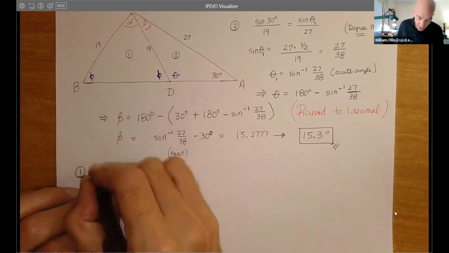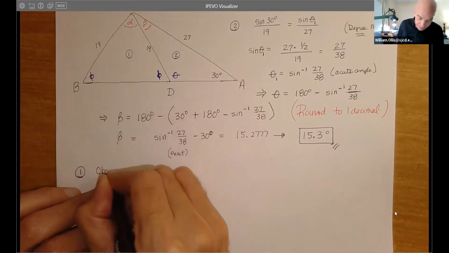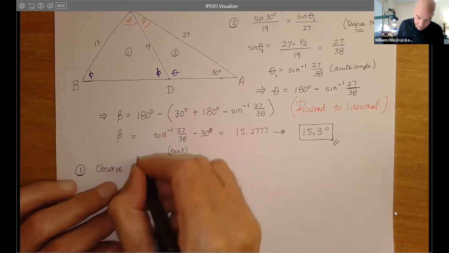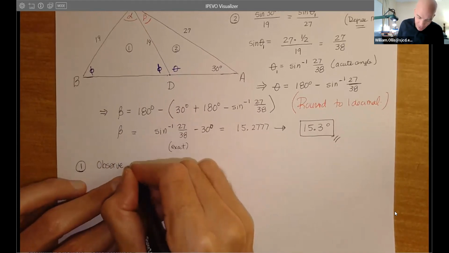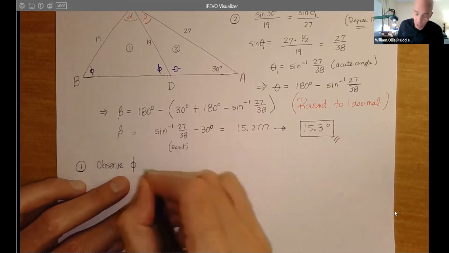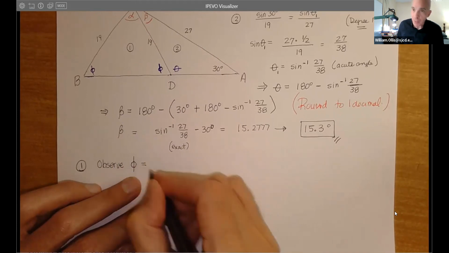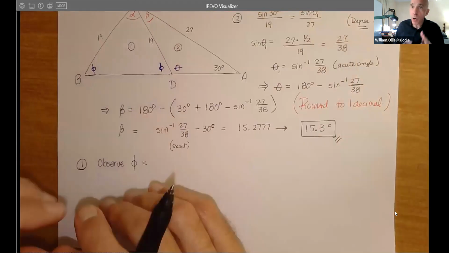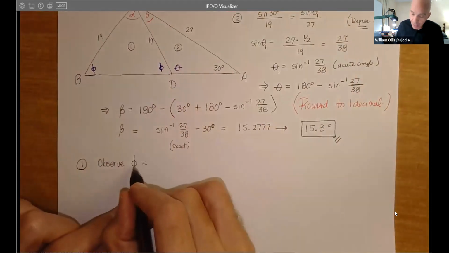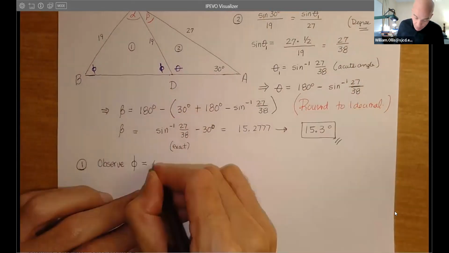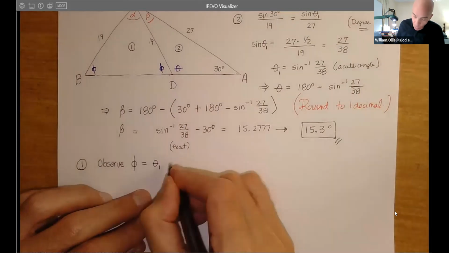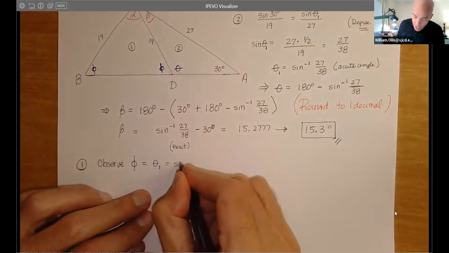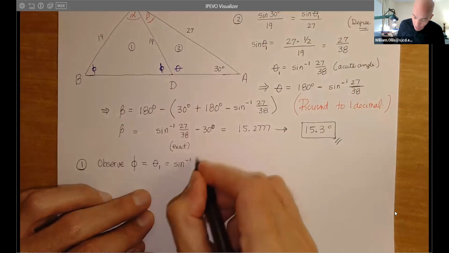So we're going to say observe. It's weird how if you just actually look at these, the problems are simple, but again, you just have to let your mind absorb what's going on and then process. So phi is actually theta 1 because they're supplementary, and that in degree mode is inverse sine of 27 over 38.